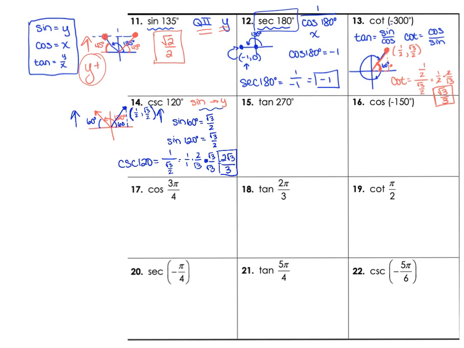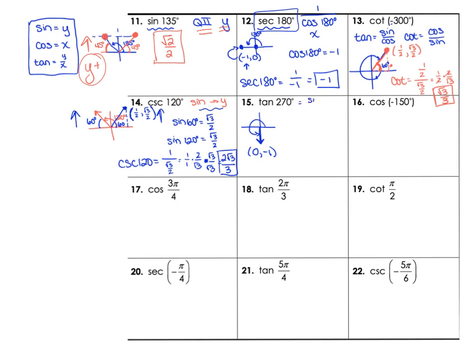Onward. Number 15, the tangent of 270 degrees. Well, 270 is actually one of my quadrantal angles. So that means its coordinate is one of the easier ones to find. I haven't gone anywhere left or right, so my x value is 0. But I've gone down, so I know that I'm 1 unit away from the center in the negative direction, so my y value is -1.